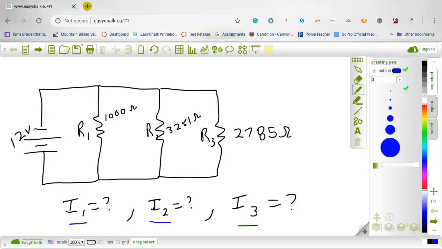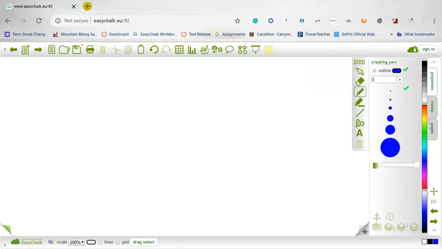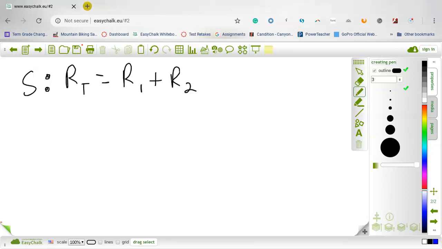So we're going to use a VIR square again, but the VIR square is going to be different. Now there's a trick, because if you remember, in series, to find the total resistance, we just added up each of the resistors, or however many we had. In parallel, it's different.